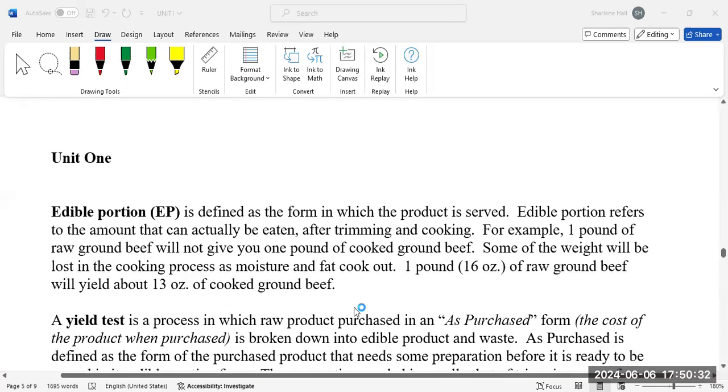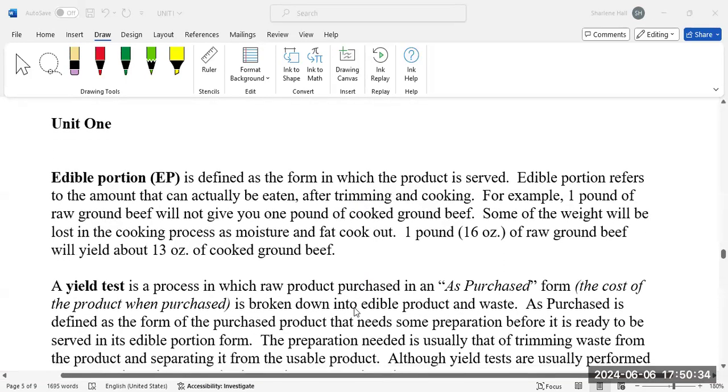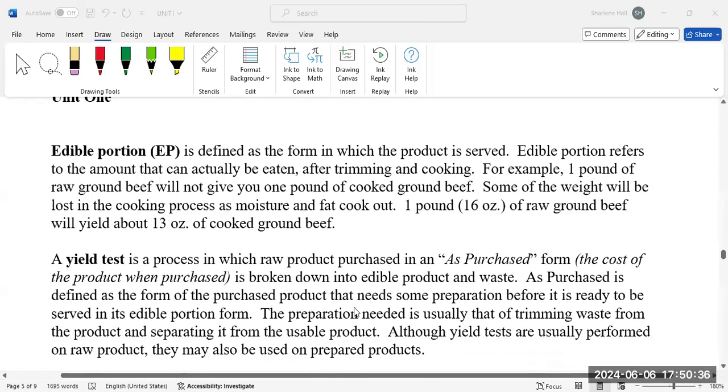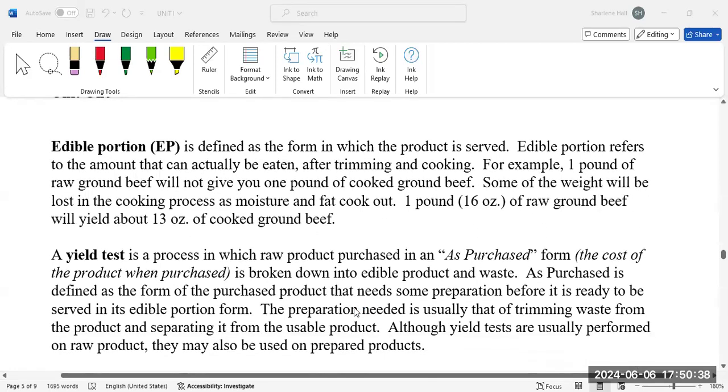Watch this now. My yield test. Remember, I said to you that if you are asked to cater for a function, you want to ensure that everything that you prepare is going to be eaten.